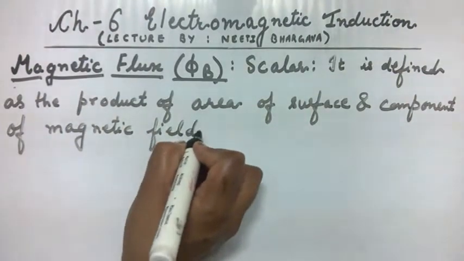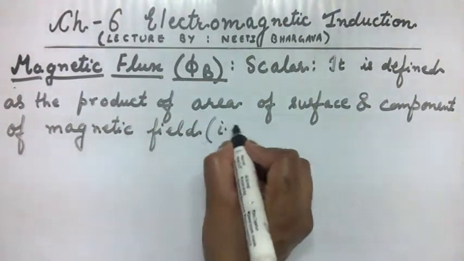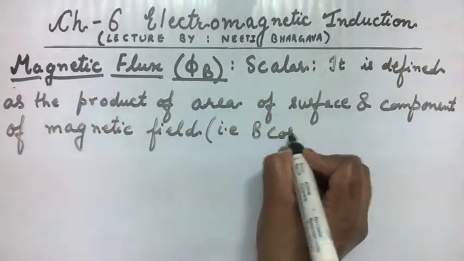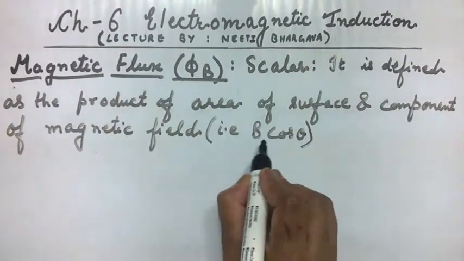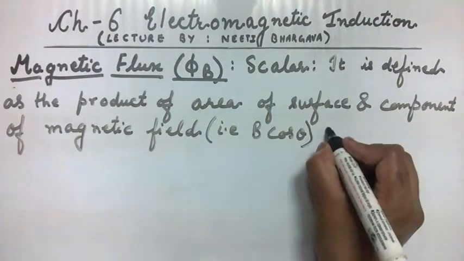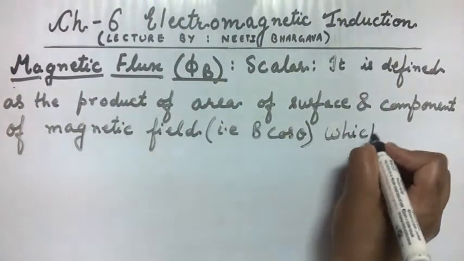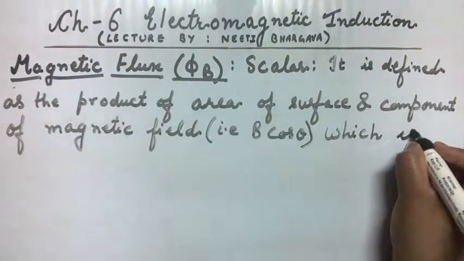And the component is B cos theta, which is along the direction of area vector, that is, which is normal to the surface.